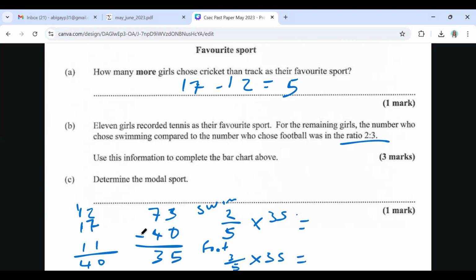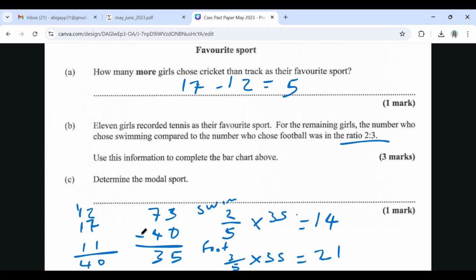All right, so let's calculate that. 2 over 5 times 35 is going to be 14. That's swimming. And 3 divided by 5 times 35 is 21. So now we know everything.